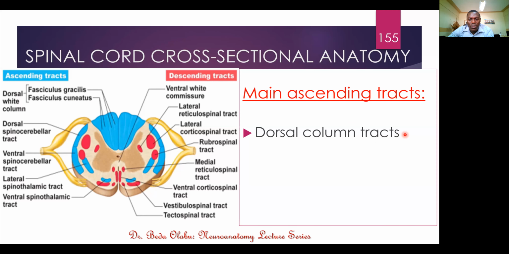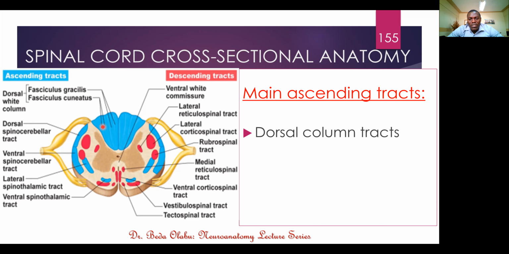I've told you their key role. They carry sensation regarding vibration, proprioception, fine touch, and 2-point discrimination. Now, why the 2? Fasciculus gracilis particularly carries sensations from the lower parts of the body. Fasciculus cuneatus carries sensations from the upper part of the body. The junction between lower and upper part of the body is T6 and T7 segments of the spinal cord.